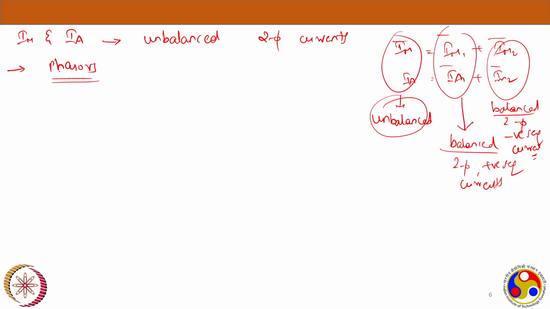See the phase sequence of one winding, like the AM winding. There are two phases now, A phase and M phase. They are forming a two-phase balanced system with IA1 and IM1 individually, and IA2 and IM2 individually.